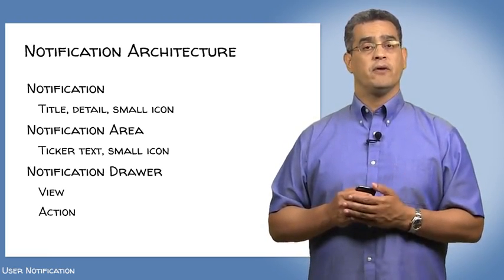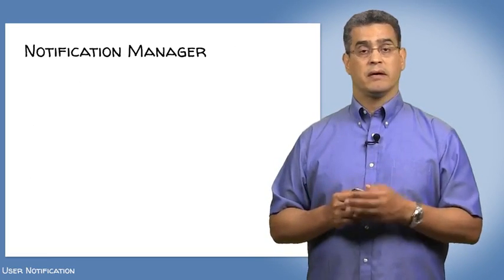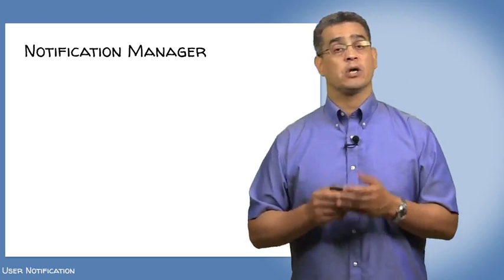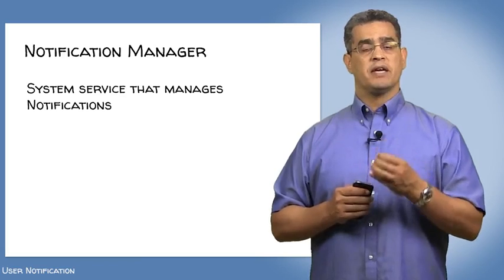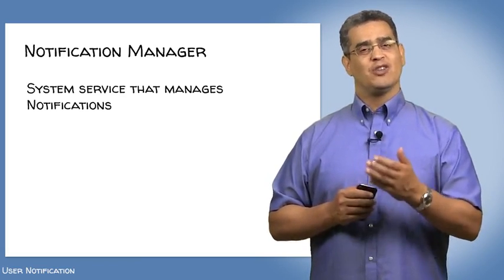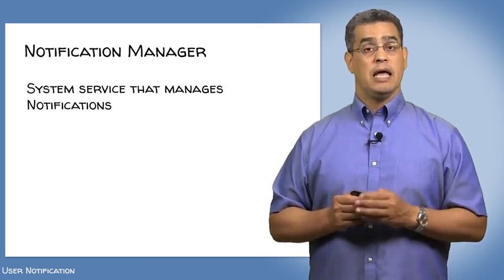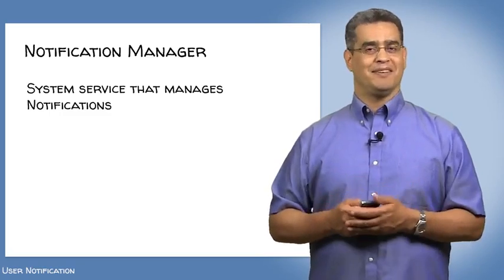Now once you've created the notification, you may want to send it, update it, cancel it, or things like that. These operations are managed by an Android system service called the Notification Manager. So let's take a look at two applications that send notifications, and then we'll look at some source code to see how all of this is implemented.